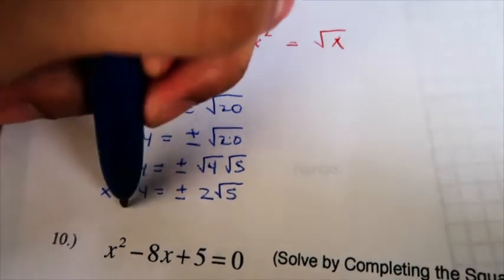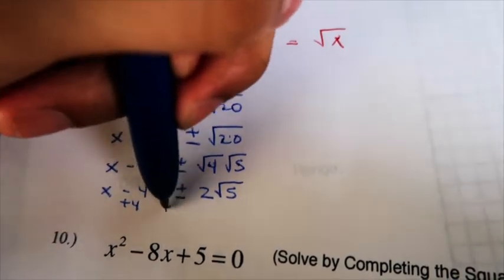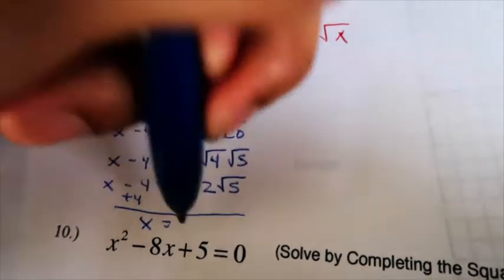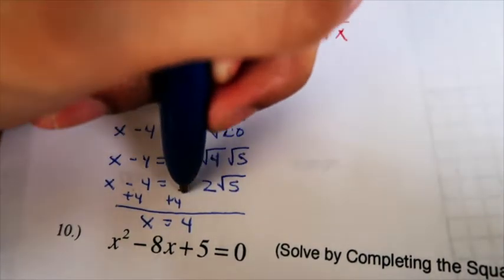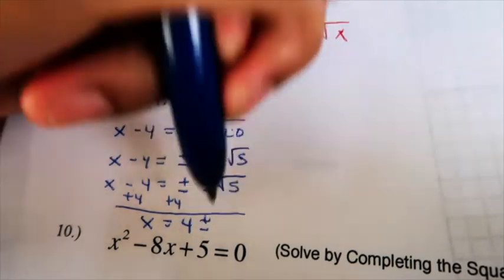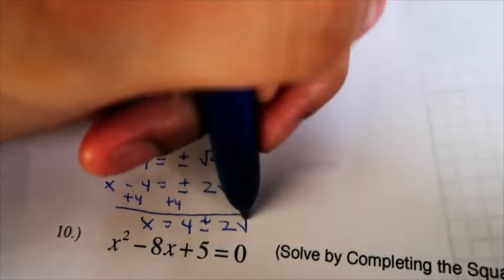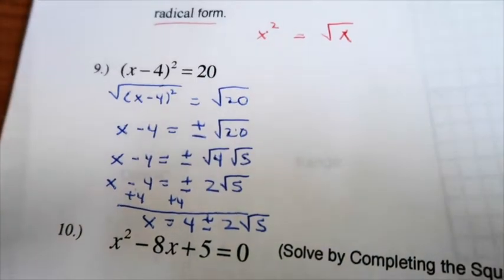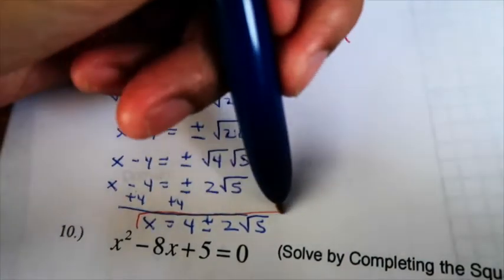Now we add plus 4 on both sides. x equals 4 plus or minus 2 square root of 5. And that's our final answer.